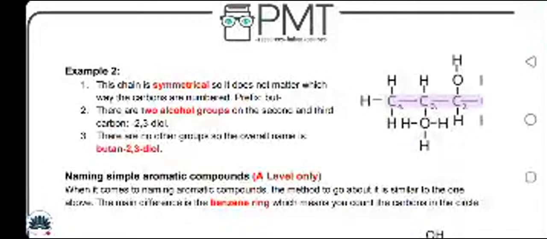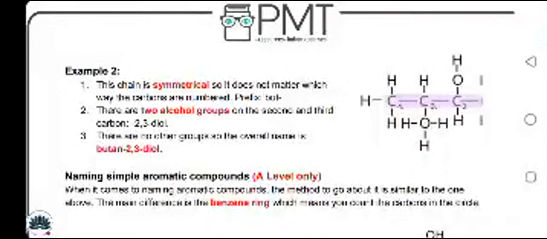We are not required to take the carbons above or below the chain because it is branching and will cause problems in the naming system. This chain is symmetrical, so it does not matter which way the carbons are numbered. The prefix is but because there are 4 carbons. There are 2 alcohol groups on the second and third carbon, as visible to you guys.